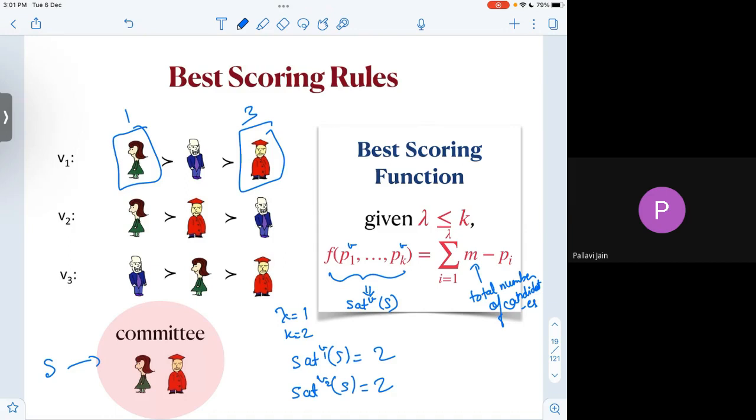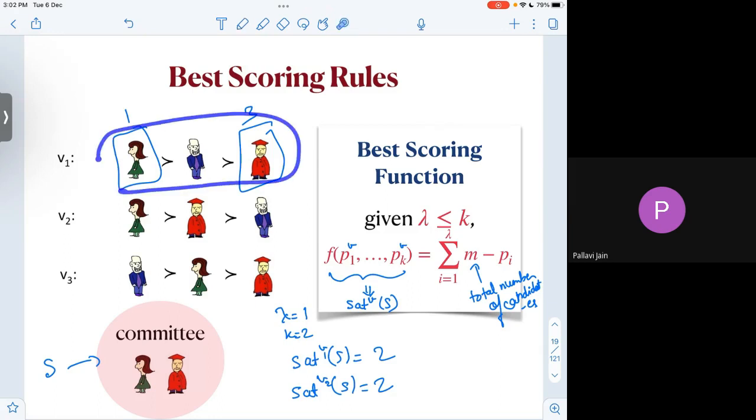When you say ordering of the committee, that means you are talking about, let's say, 2, 3, 4 committees, and then you are talking about some committee. Committee is the unordered set. So, no, wait.